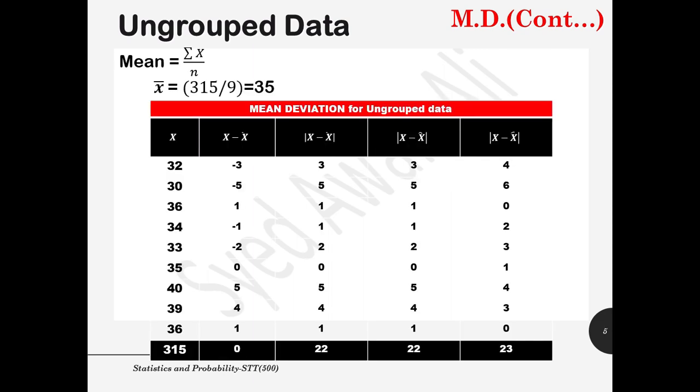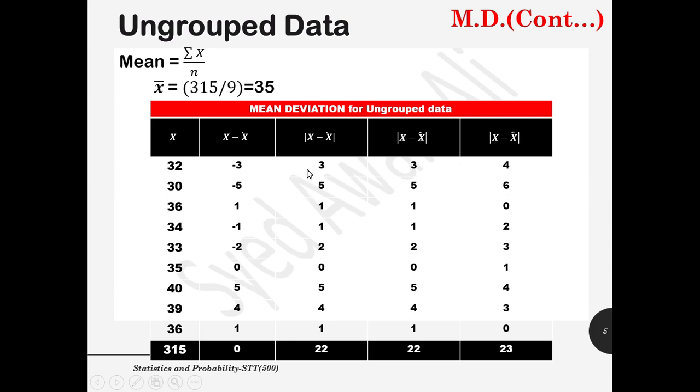Then we find all the values. Then we take the positive deviation, that means the absolute value of x minus x bar. So minus 3 will be plus 3, minus 5 will be plus 5, 1 will be 1, minus 1 will be 1, minus 2 will be plus 2, 0 will be 0, plus 5 will be 5, and 4 will be 4, and 1 will be 1.